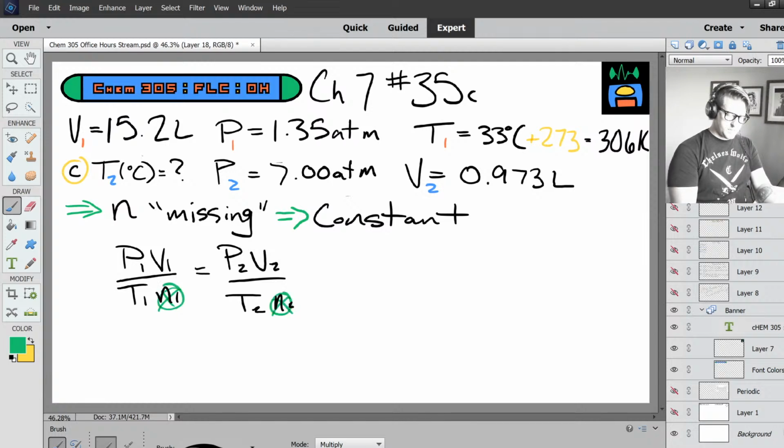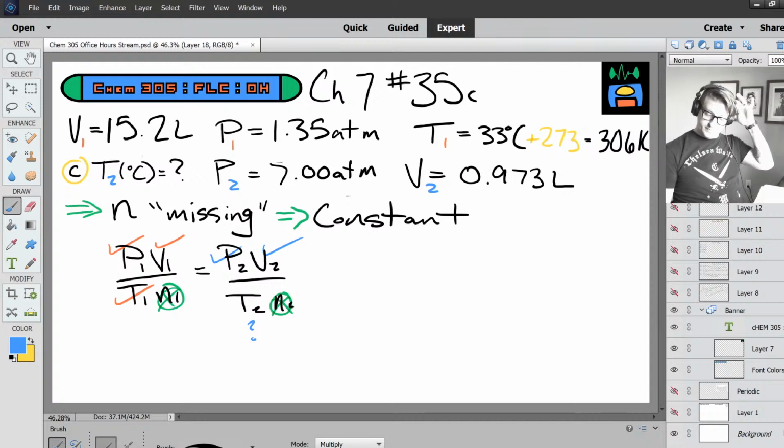Moles are constant, so they cancel. And we have been given our initial pressure, volume, and temperature. We've been given our final pressure and volume. We need to find temperature.